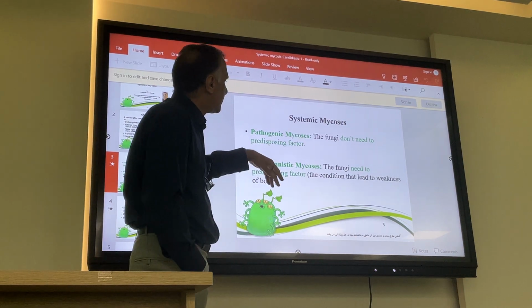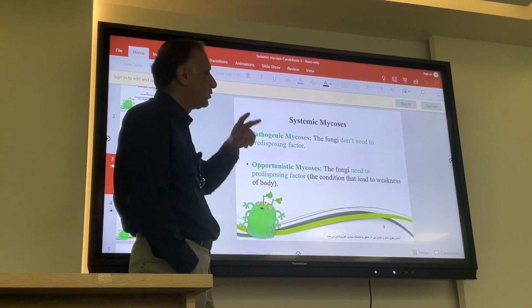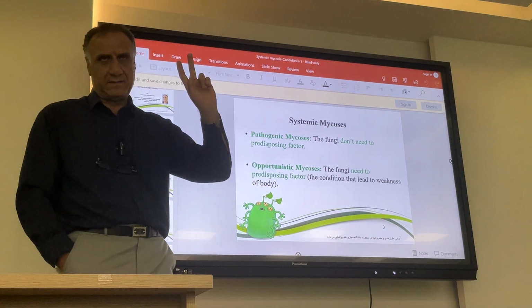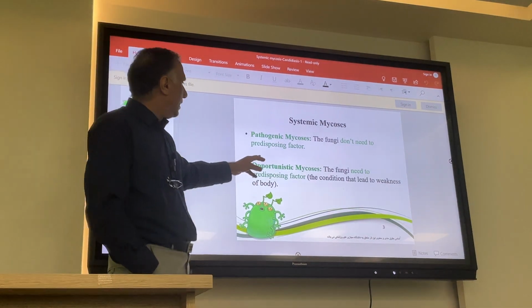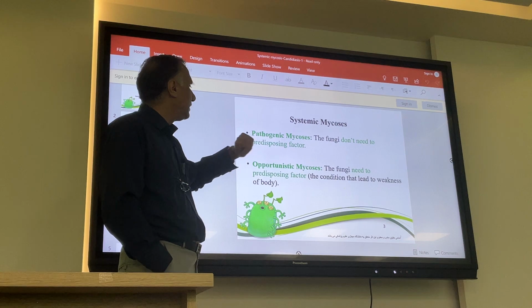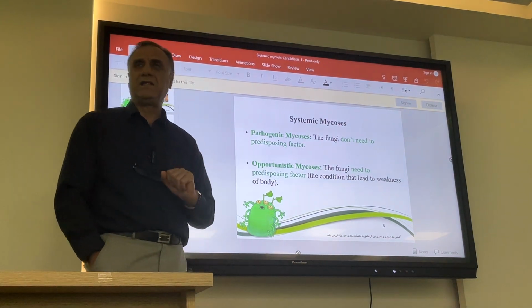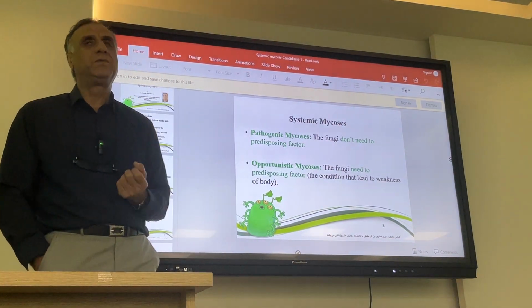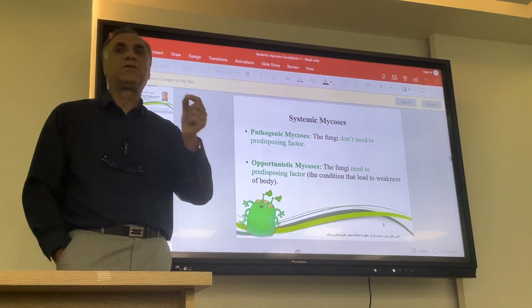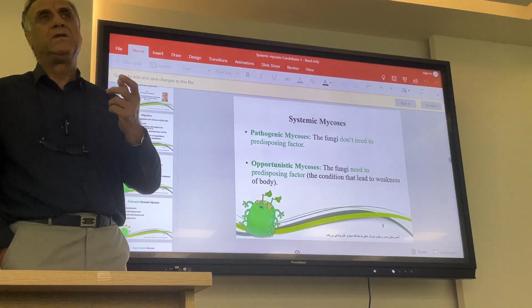Systemic mycosis may have two agents, a pathogenic agent and an opportunistic agent. We have two types in relation to pathogenicity of fungi.